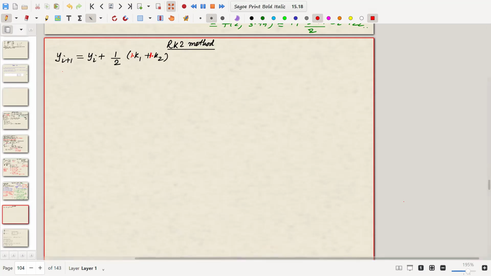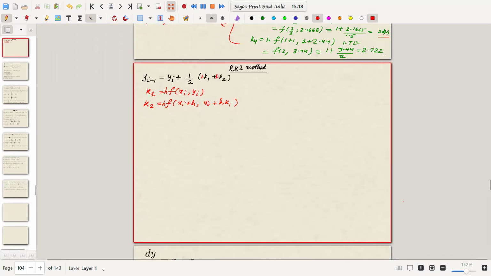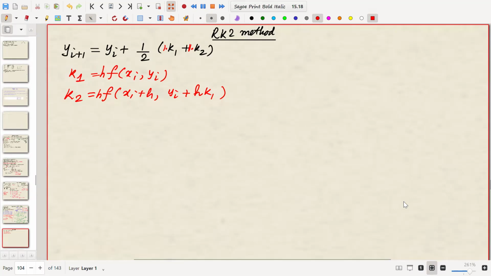Now, k1 equals h times f of xi comma yi. k2 equals h times f of xi plus h comma yi plus k1.